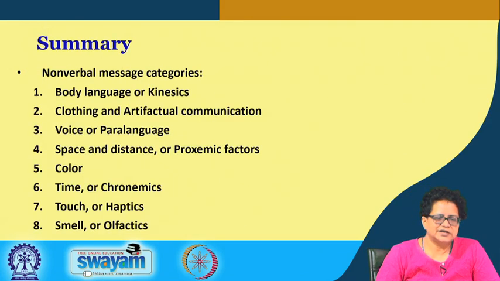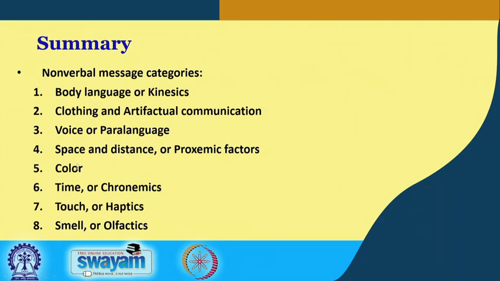The second is there are 8 types of nonverbal communicative aspects. We are covering the ICS terms first: kinesics, vocalics, proxemics, chronemics, haptics and olfactics. So, we have in fact 6 ICS terms and we have 2 more to remember. The second one is clothing and artifactual communication and the last one is color.